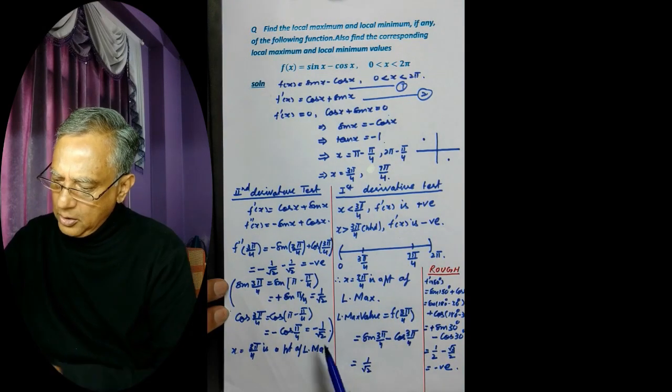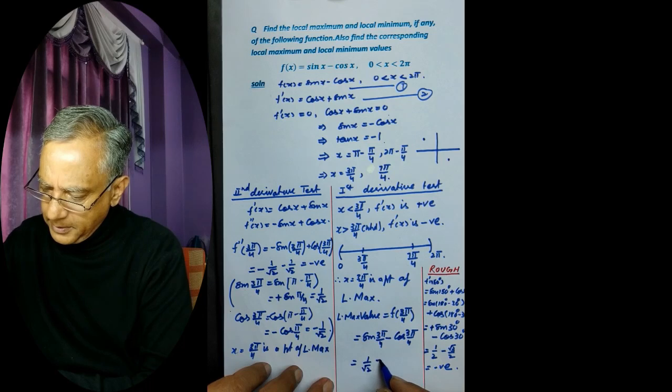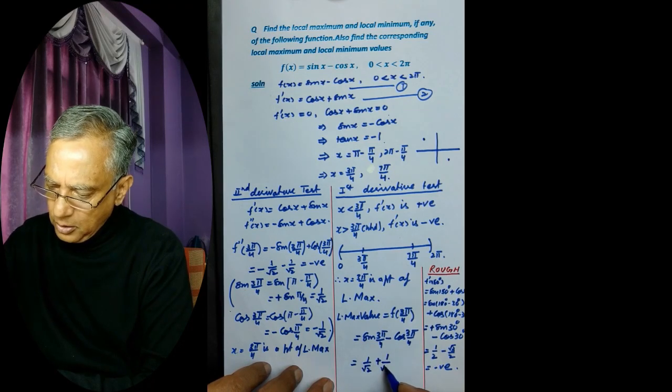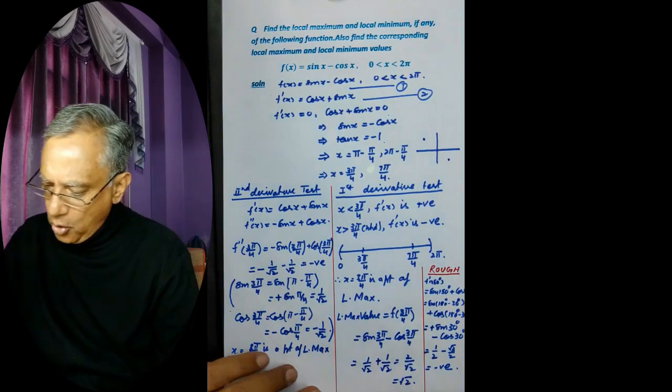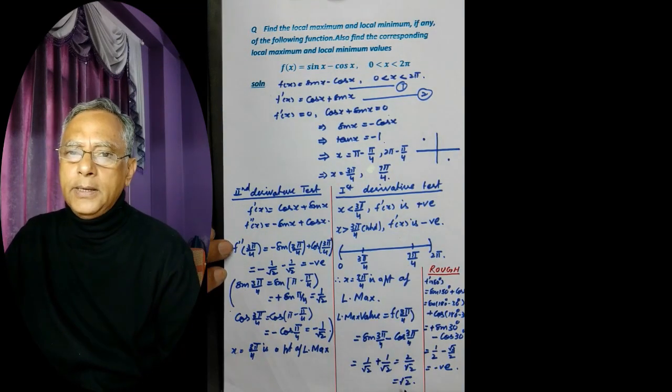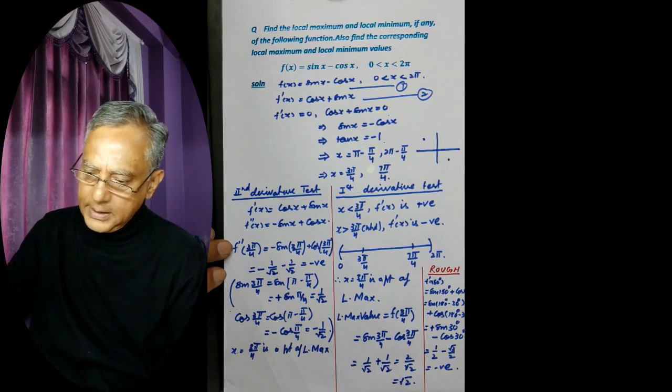And cos of 3 pi by 4 is minus 1 by root 2. So this will be minus plus 1 by root 2. This is 2 by root 2. This is equal to root 2. Local maximum value is root 2.